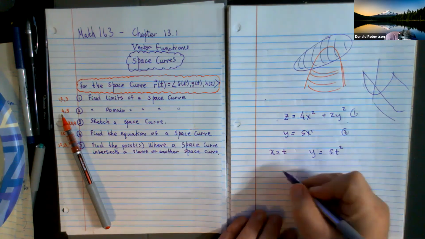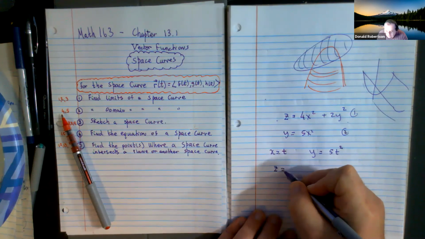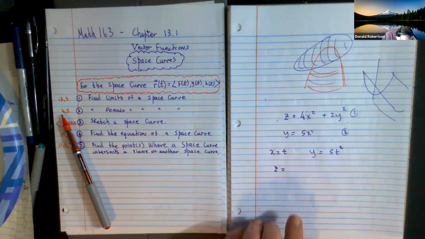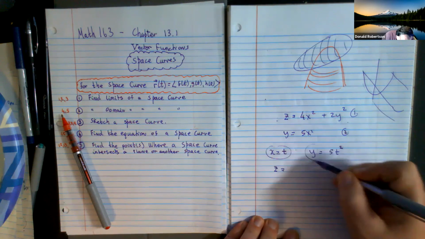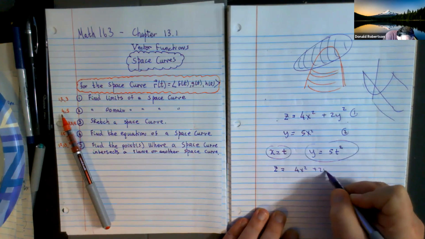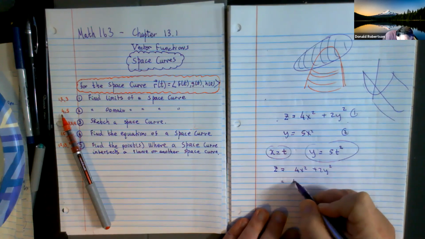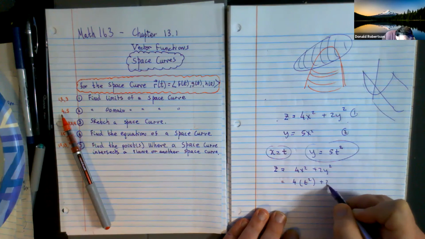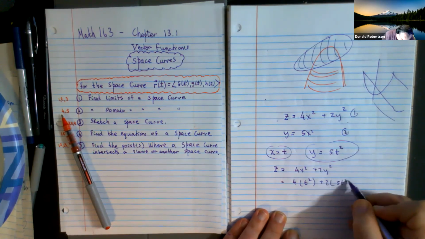How do you think I'm going to get the parametric version of z? I already have x and y. So z is 4x squared plus 2y squared. Z is going to be 4 lots of t squared plus 2 lots of this guy squared.